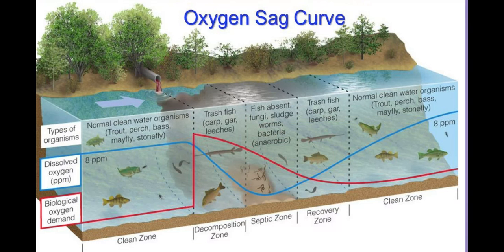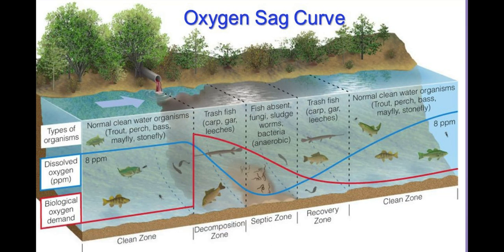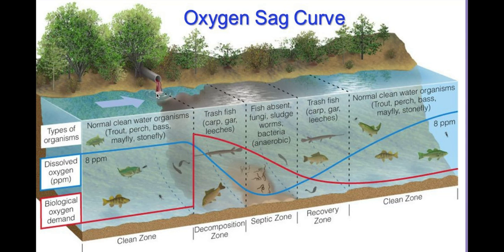Okay, so what is an oxygen sag curve? An oxygen sag curve is formed because of a point source pollutant or pollution source. So in here, I have a point source. And an oxygen sag curve is going to tell me the amount of oxygen as I go down the stream, or a lake.